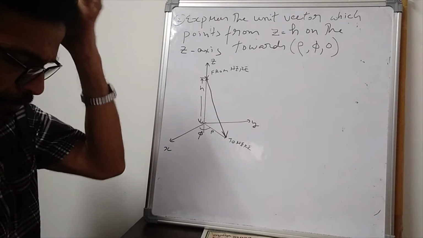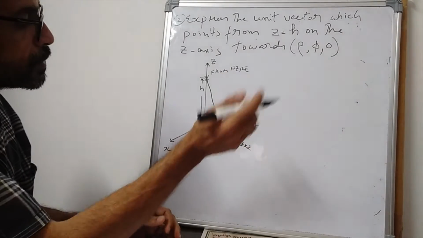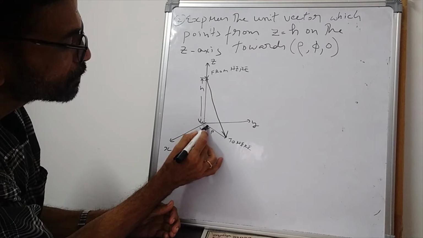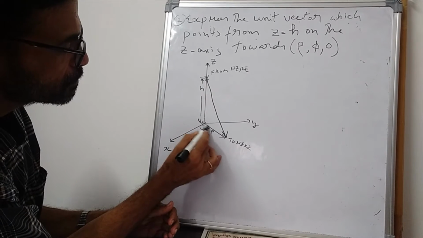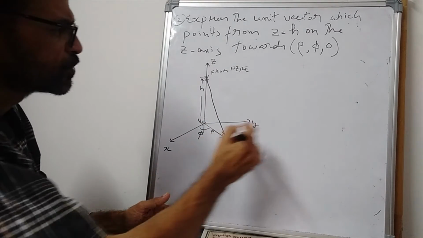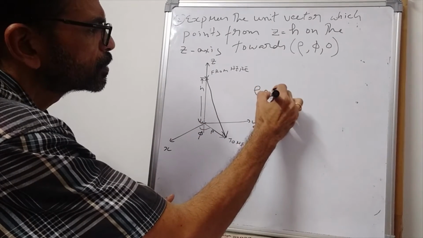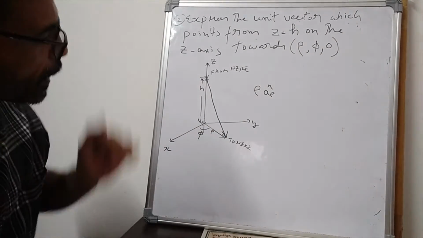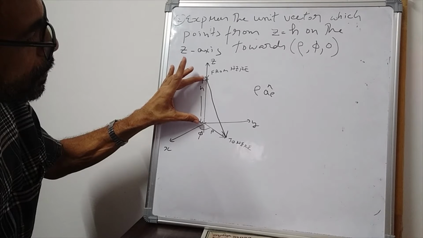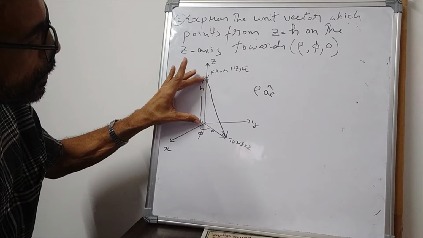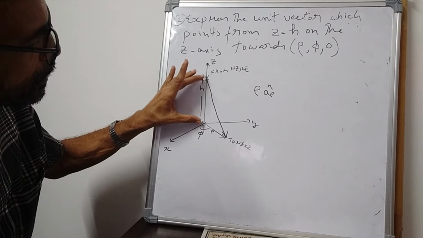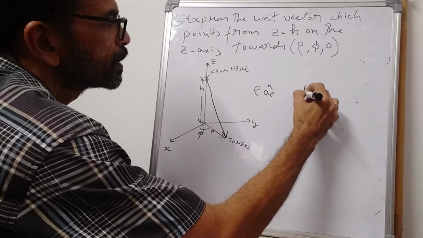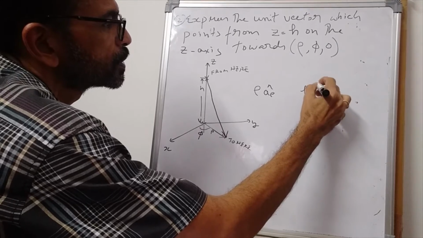Okay, so here we see that we can identify a position vector related to this point which will be rho a rho cap. This is rho a rho cap, and we have a vector representation of this, that means a position vector of this point will be h az cap.